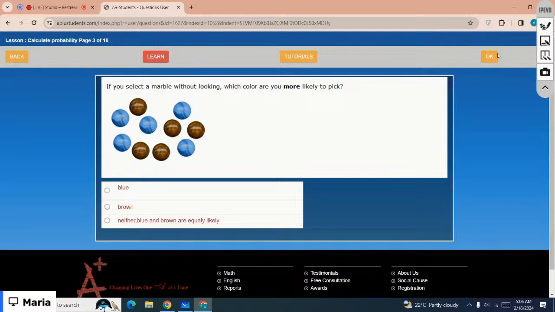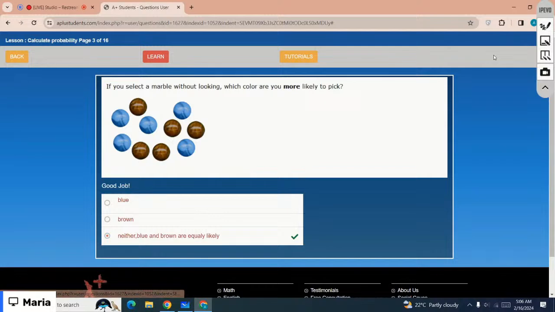The correct option is equal, because you have 5 blue marbles and 5 brown marbles. So blue and brown are equally likely, because they both are equal in number.